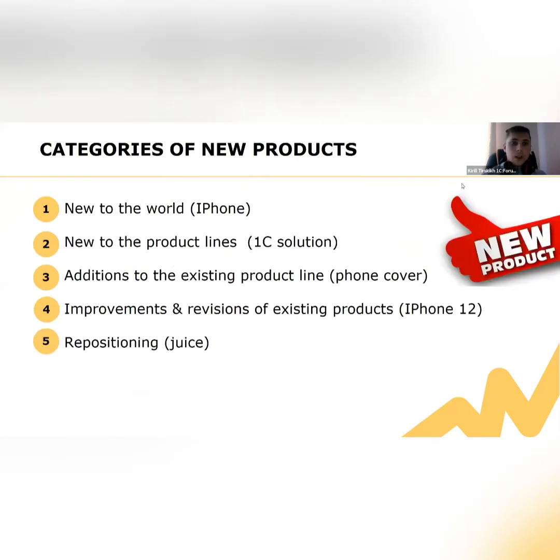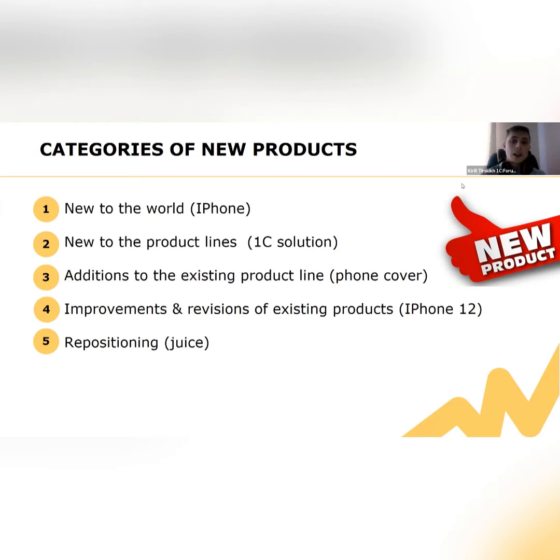Okay, next, about categories of new products. We have 5 main categories in which we can create our products. For example, new to the world. Our example is iPhone. New to the product lines, for example, is 1C solution.